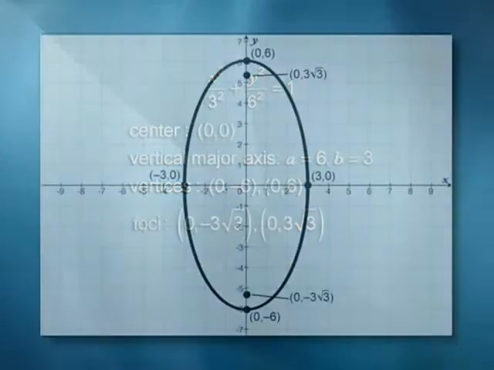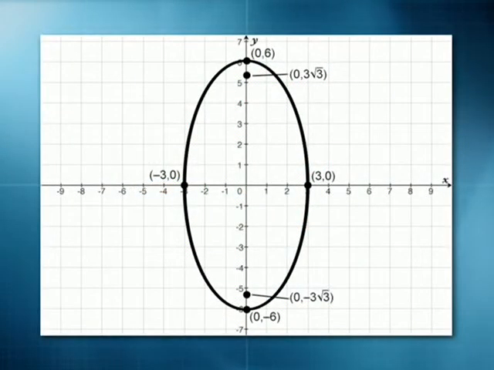Here's a picture of our ellipse that we were savoring for a while. There's the center at the origin, and 0, 6 and 0, minus 6. Those are the vertices. It's a vertical major axis. The foci are indicated, and notice something kind of cool. The foci are very close to the vertices, aren't they?